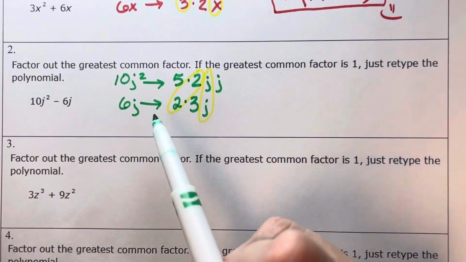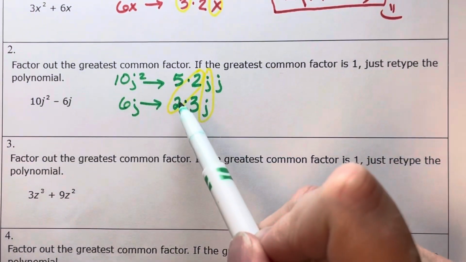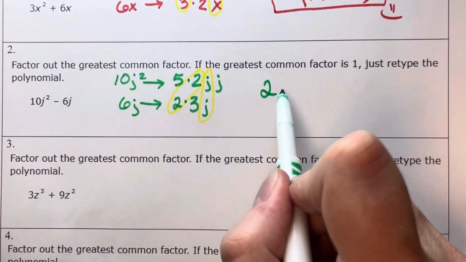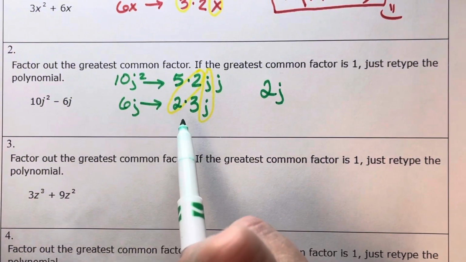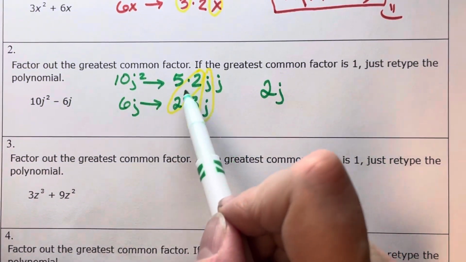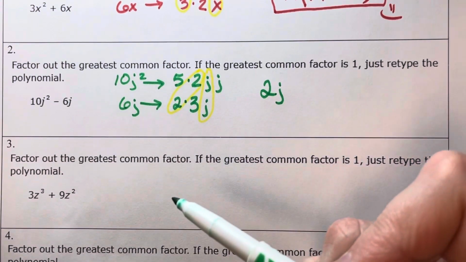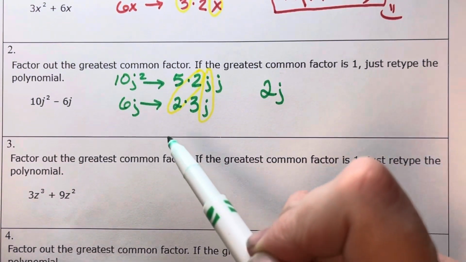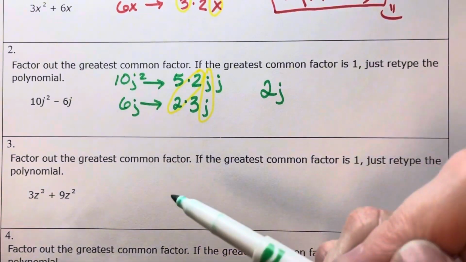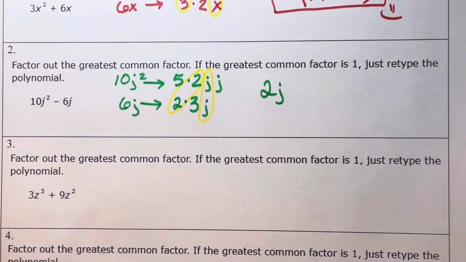We see here that the two terms have a greatest common factor of 2j. And just like we said in the previous lesson, this coefficient of 2 does not have to be vertically written right above itself from row to row. As long as it is present, then it can be used.